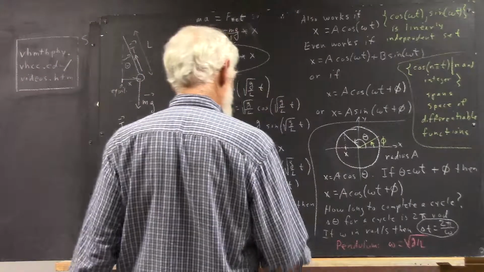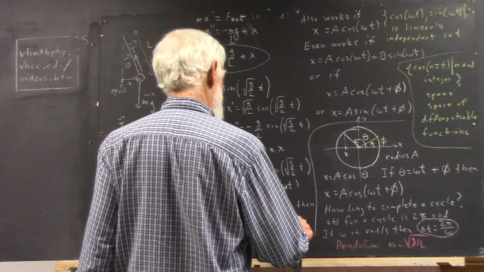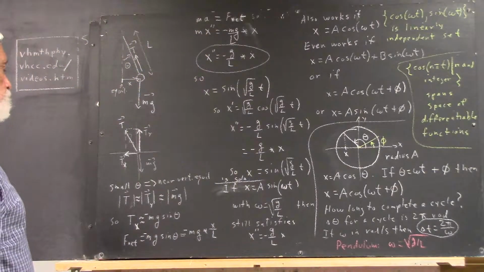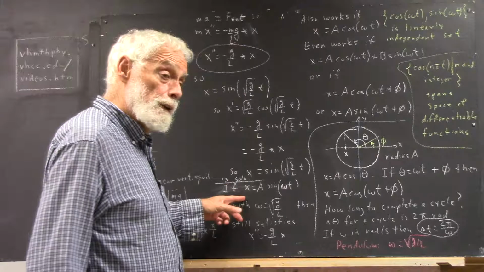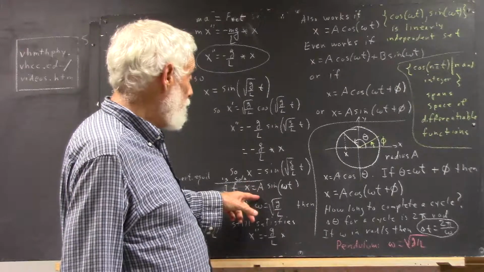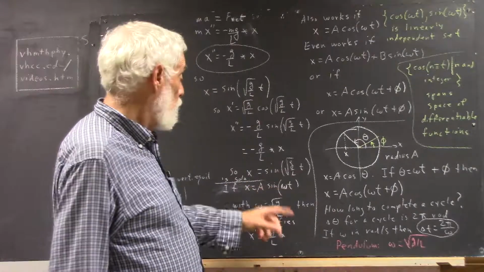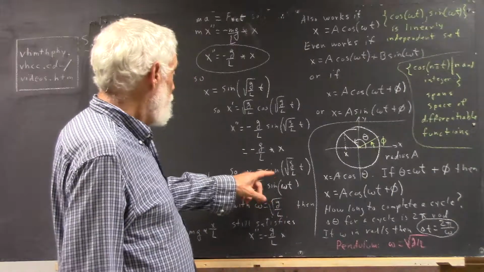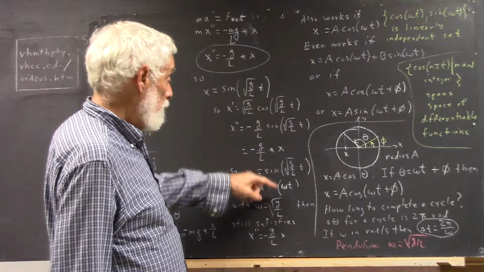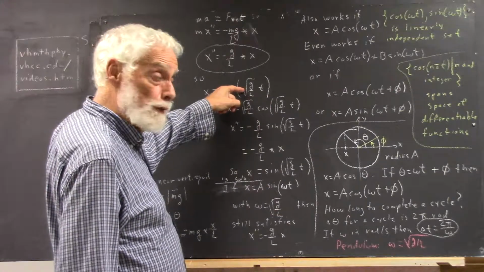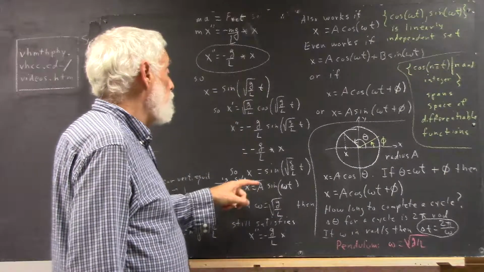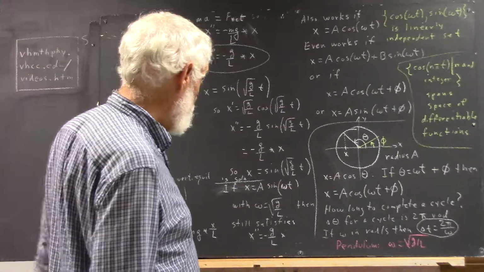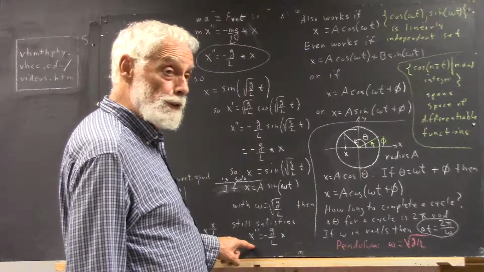What I'm saying here is if x equals a times the sine of omega t, where omega is the square root of g over L. Now what we have here then is just sine of omega t, with omega equals square root of g over L. But if x equals a times the sine of omega t instead of just sine of omega t, the function still satisfies this.